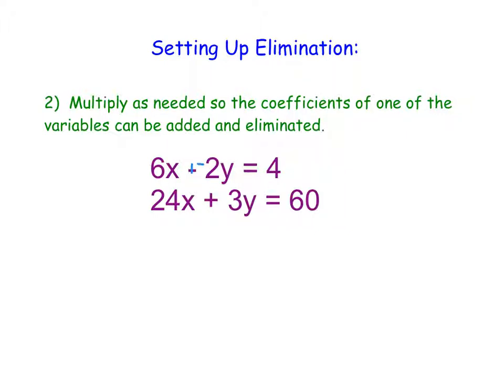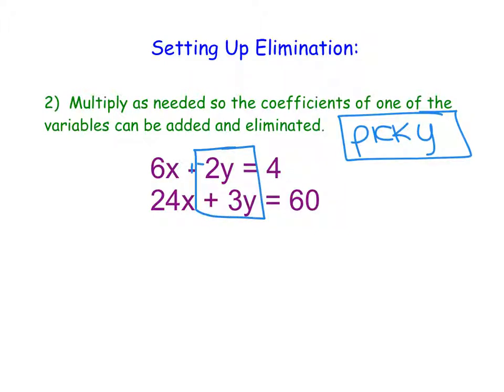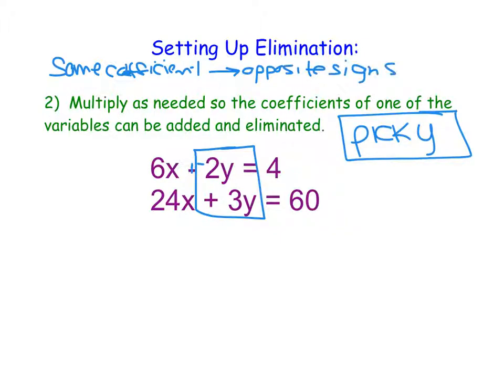It doesn't matter which variable you pick, you just need to pick a variable and commit to it. So here, I'm going to pick the variable y. Then this next part is kind of like finding a common denominator. We're going to focus on y, and our goal is to get these two y values to have the same coefficient, just with opposite signs, so that when they are added together, they will eliminate and become 0.